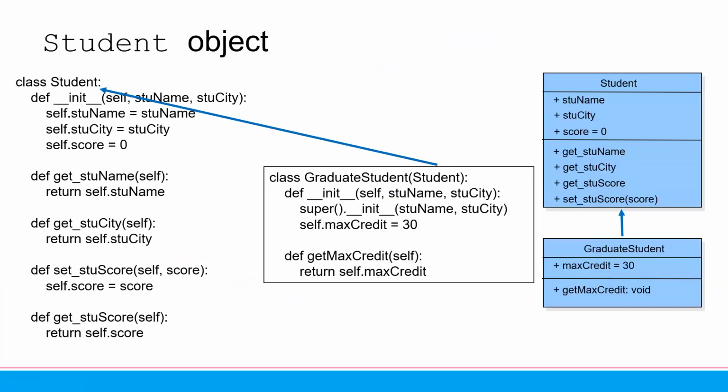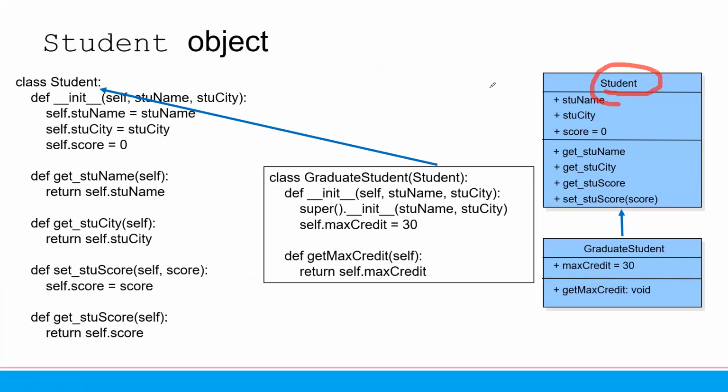Now, let's make something related to the student. In the student, I have one class, and let's say there are several kinds of students. Maybe in this school, we have the undergraduate student and graduate student.